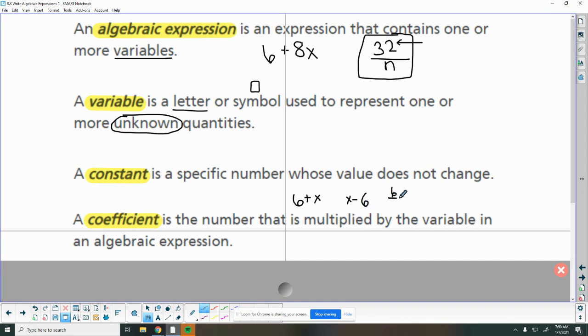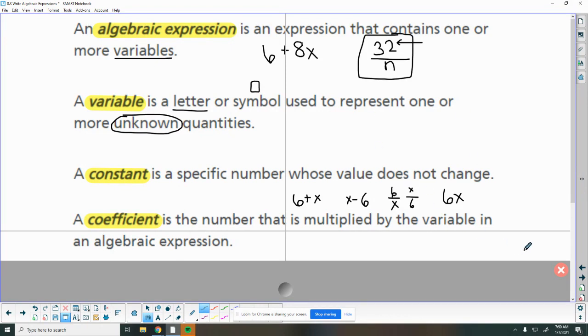We might do 6 divided by x, or even x divided by 6. When you multiply, though, you always put the constant first, and then you put the variable right next to it. So no symbol is needed, and we call that the coefficient. So this is telling me I want 6 groups of x here.